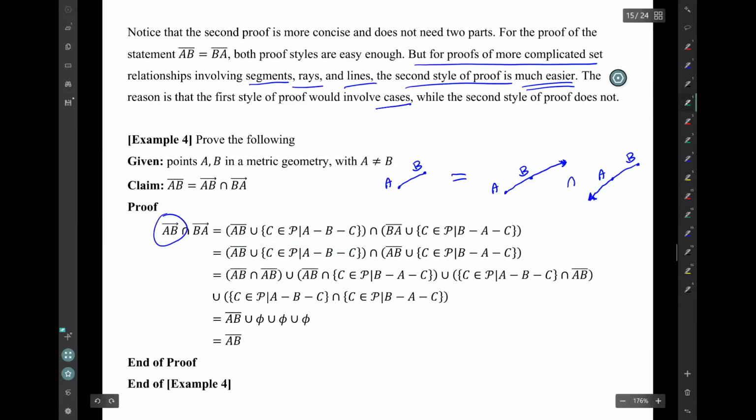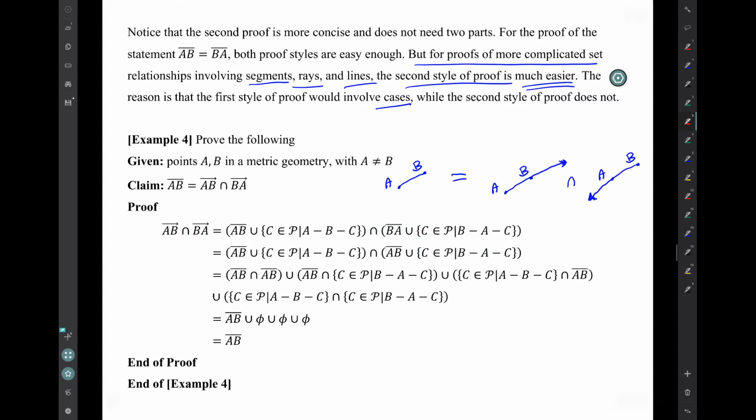So there's the first requirement, C is in that segment, or the second requirement, C is in that extra chunk. And then I do the same thing with ray BA. I write it in this interesting way where I have the union of this segment BA with this other set of points C that are in that other chunk.